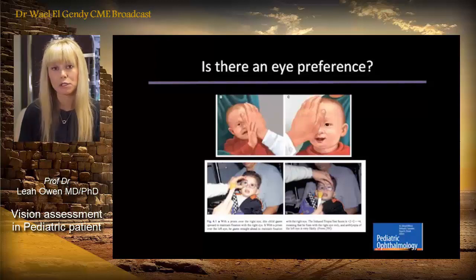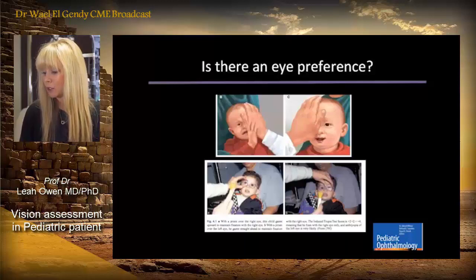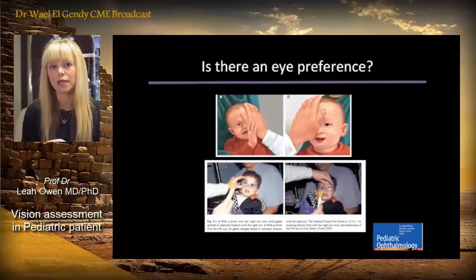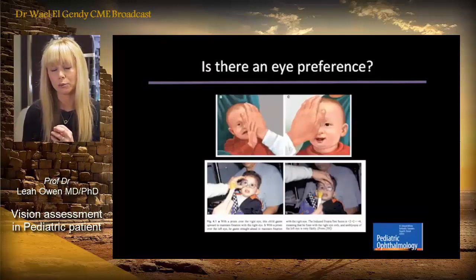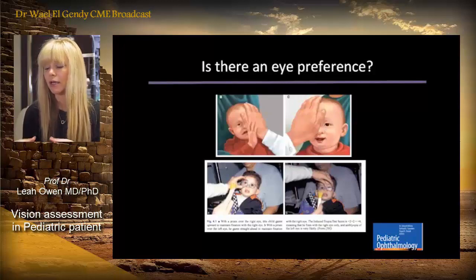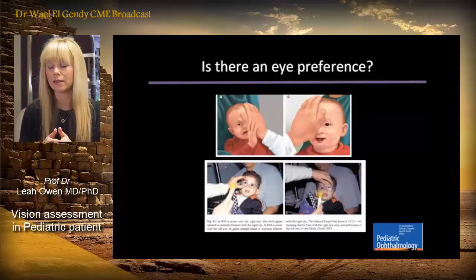So that's why we use the 20 prism diopter unit, and you can see we put it base down over each eye, and what we want to see here is that the child will use each eye to look at the image that you're presenting. So you also have a fixation target as pictured here for the child to look at, and the fixation target is going to be double.